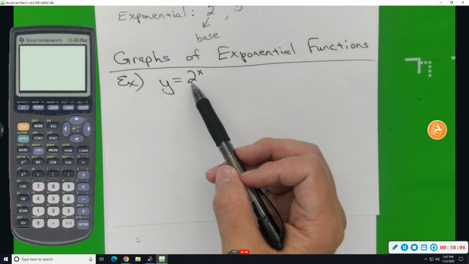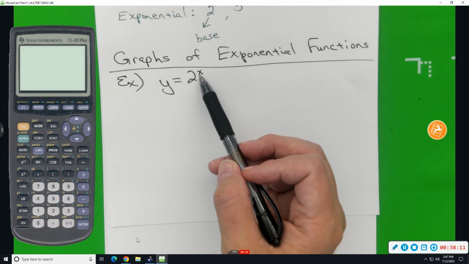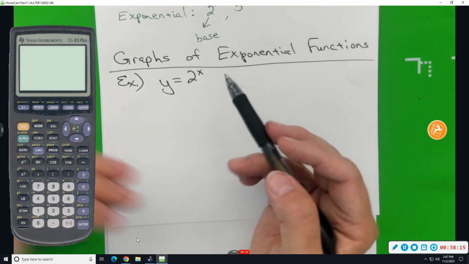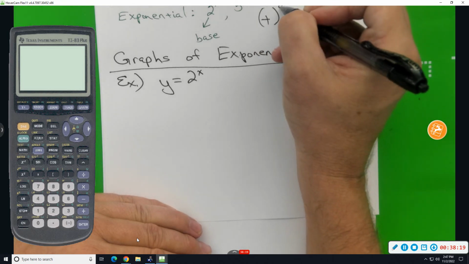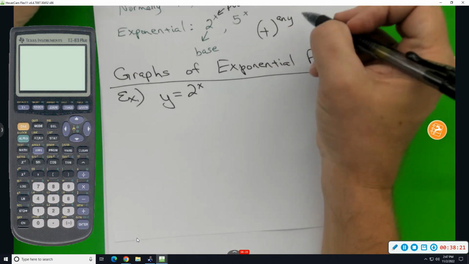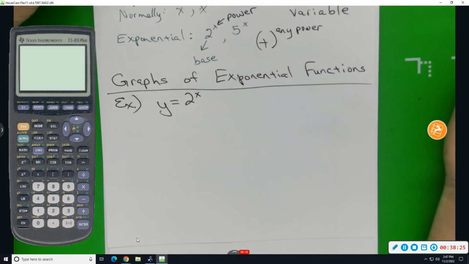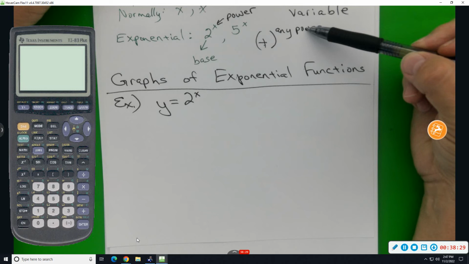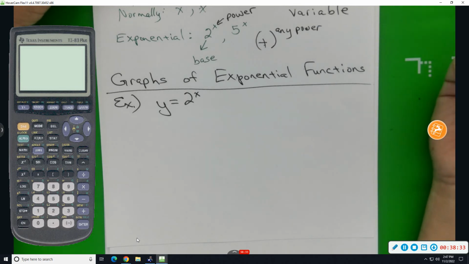We have a positive number. A positive number to any power will always have what sign? If your base is positive and you put any exponent you want on it, it's still going to be what sort of number?